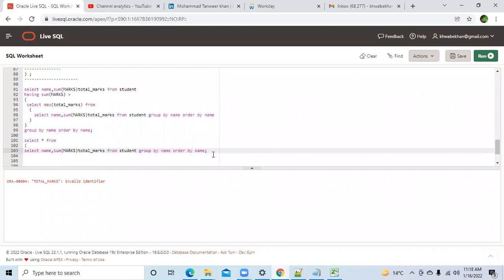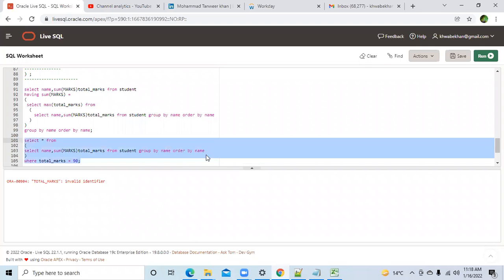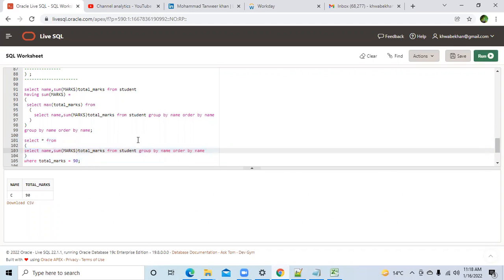I will tell you the reason for that, and you have to tell me the reason. Automatically you will understand what is happening. Now you see, here I have used this total marks and you are getting the output, right? But when I was using it here, you are getting an error message. So what did you understand from this?